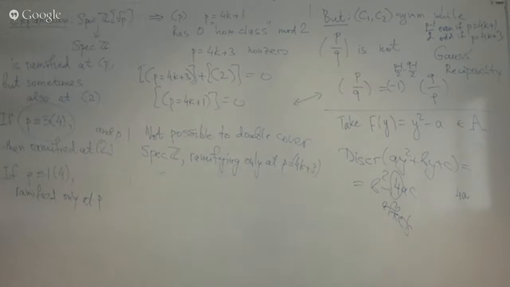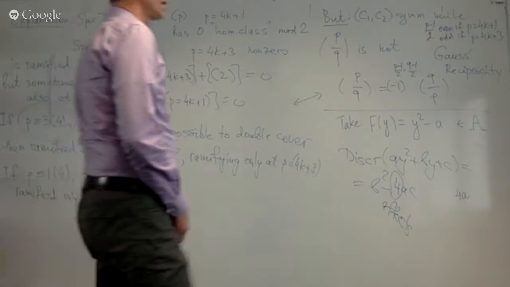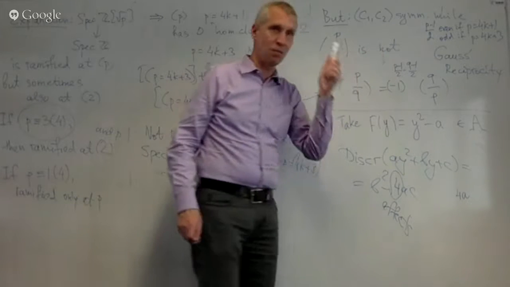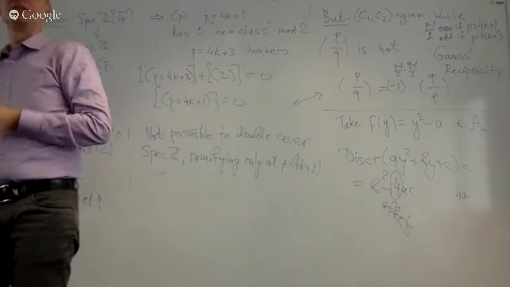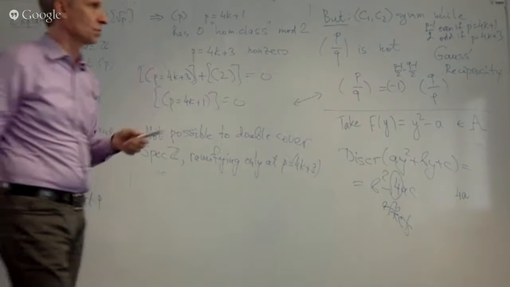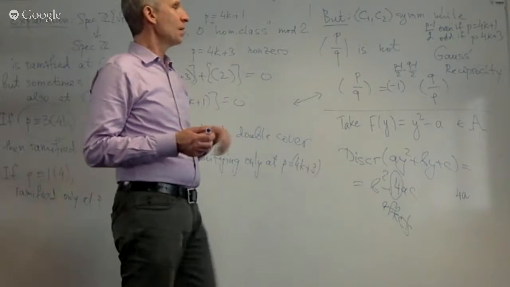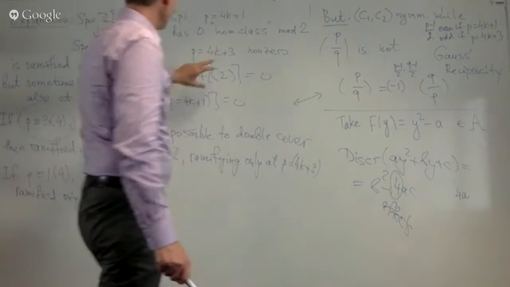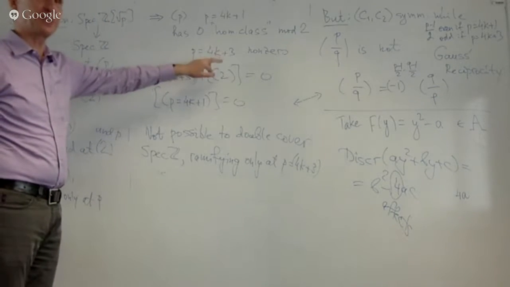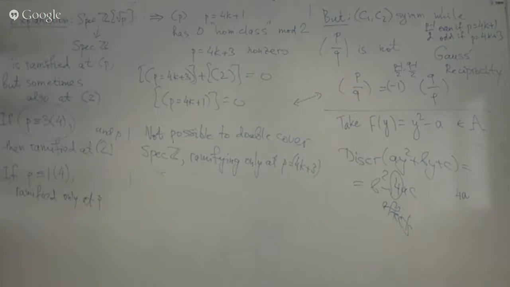Why? Because if you divide by 2, it's exactly the same thing which distinguishes. Or if they are both of the form 4k plus 3, because in this case they both come with this extra thing.